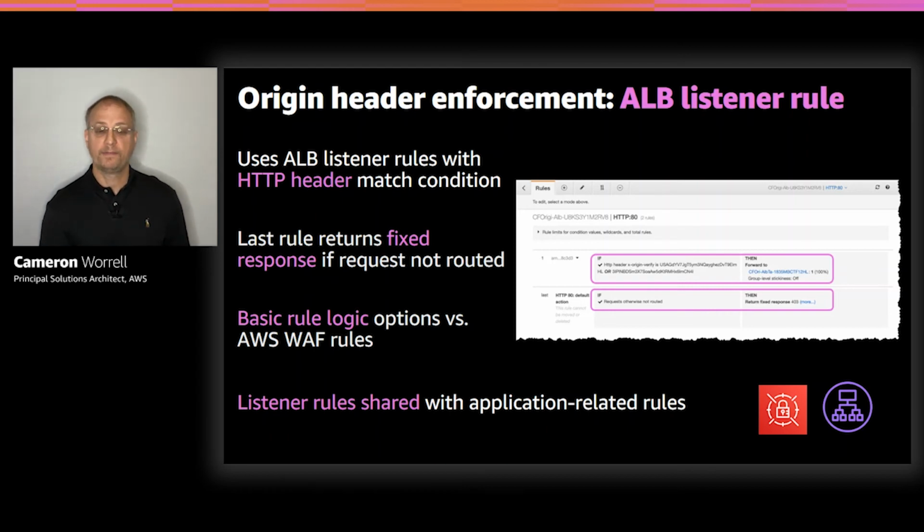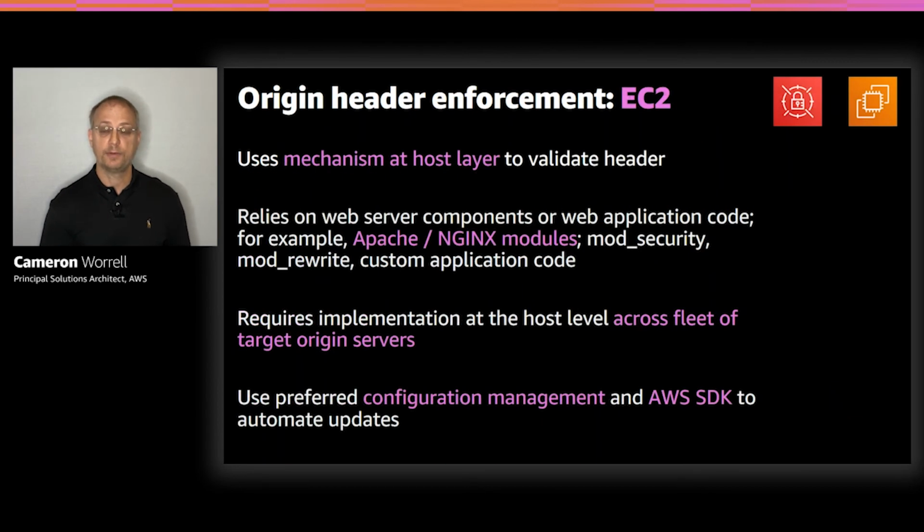Another way to do origin enforcement might be to perform that verification back at your EC2 instance, either at the host layer or in your application. So this would be implementing some type of verification, maybe using Apache with mod_security or something like that, where you're doing the verification inside of the web server software, or you could do it in your application code.